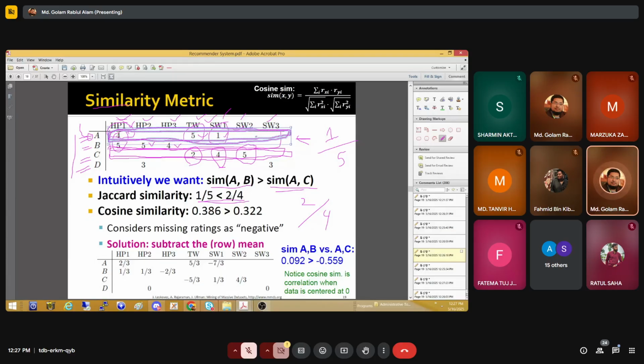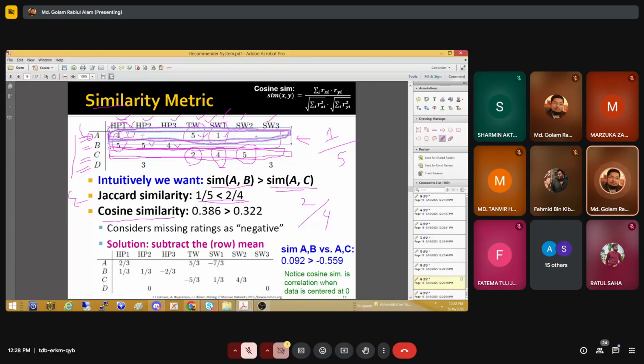So now we can see specifically 1 by 5 is less than 2 by 4. So the similarity between A and B and A and C, if we measure using the Jaccard similarity, we will find out that C is more similar to A than B. But sometimes maybe we can use the cosine similarity.